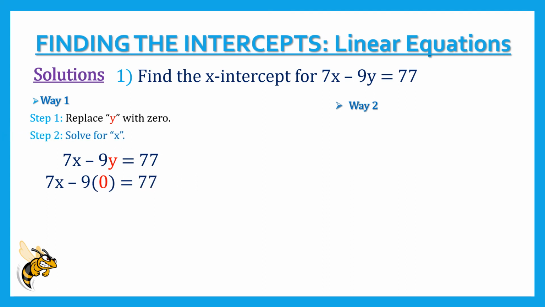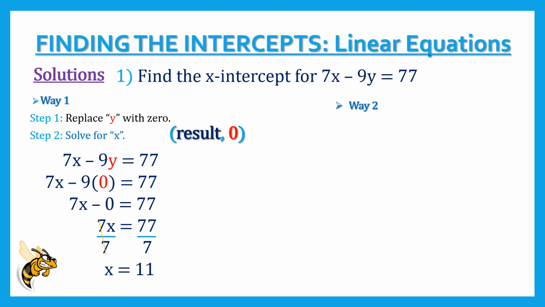Second step, solve for x. 9 times 0 is 0. 7x minus 0 is 7x. Divide both sides by 7. So x is equal to 11. My answer therefore is going to be 11, comma 0.